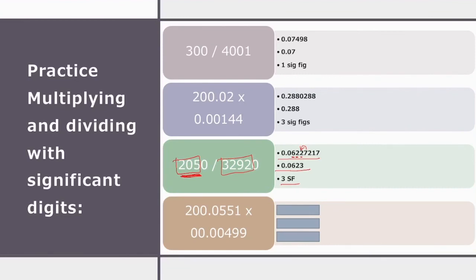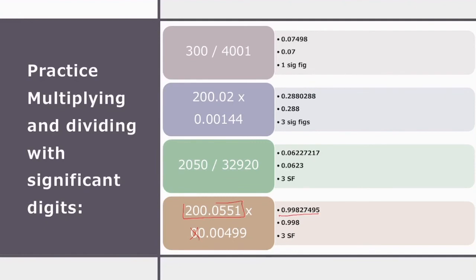All right. And this last one, I have 200.0551 times 499. And I have an extra 0 here on accident. All right, so here's my calculator answer. I count my sig figs.